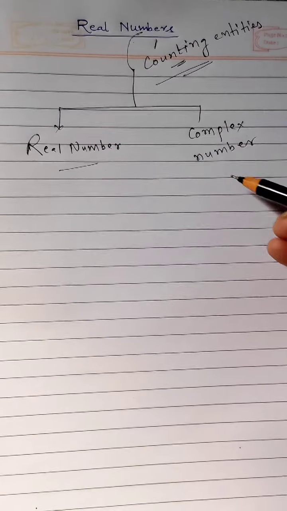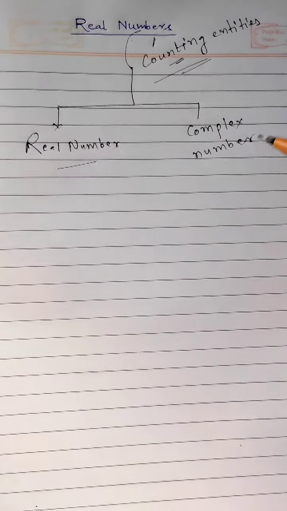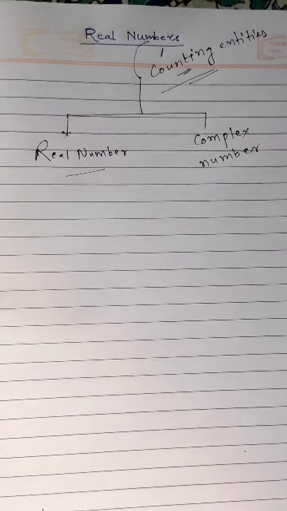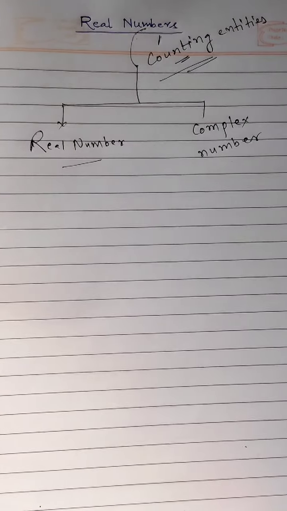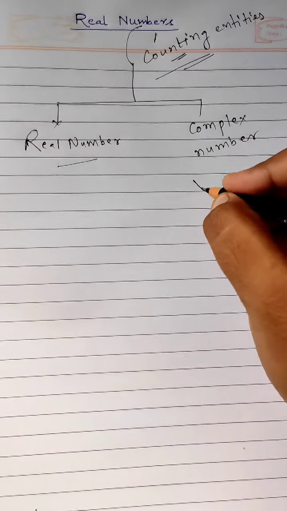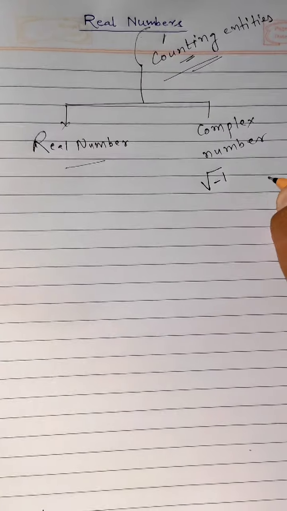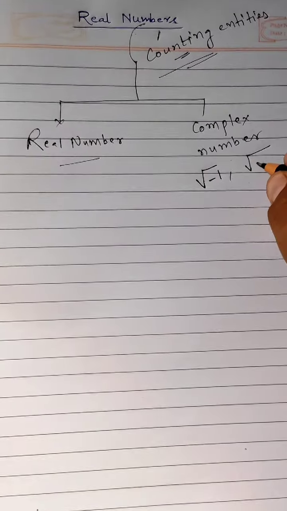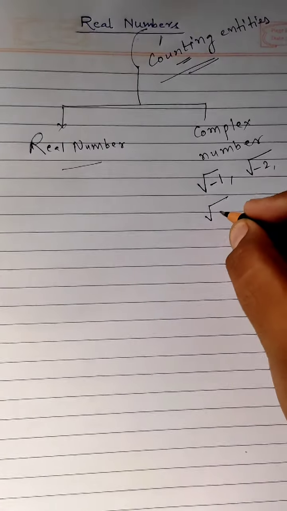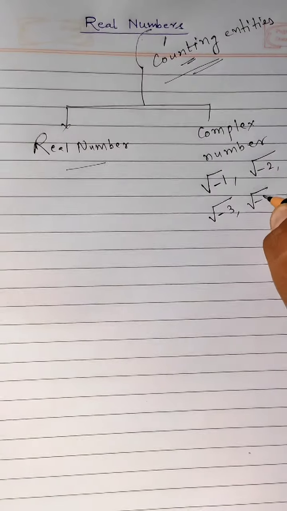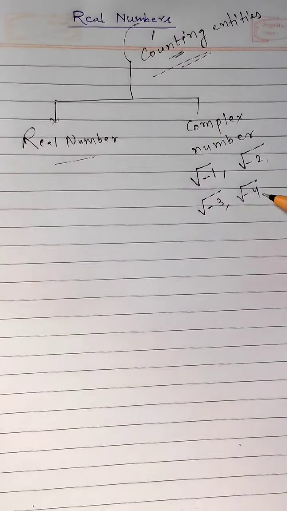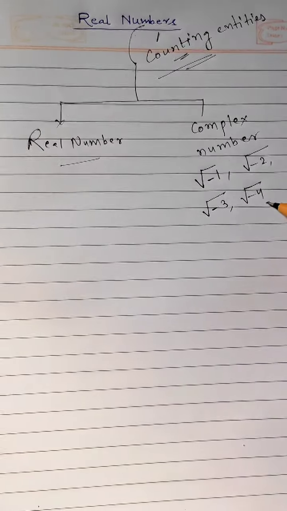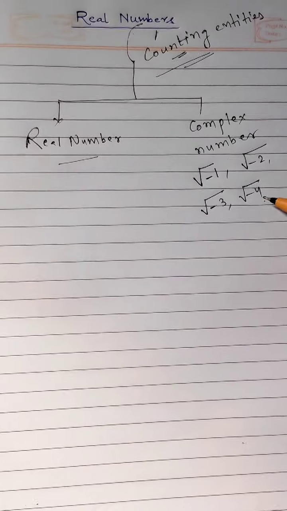Complex numbers are those numbers which are the negatives of a number which is under root. For example, root under -1, root under -2, root under -3, root under -4. We know very well that if we take the root of 4, it is 2.